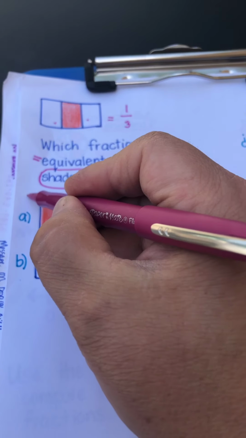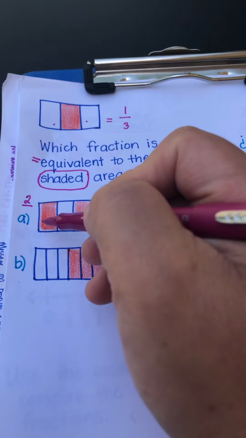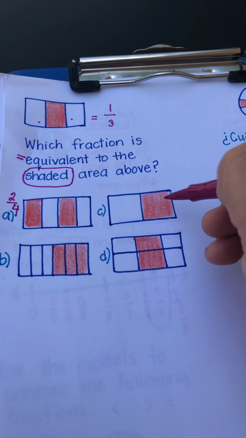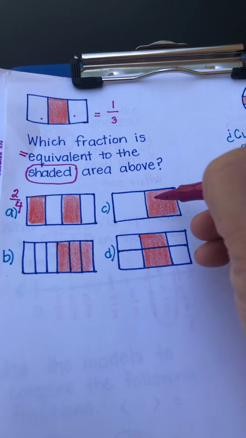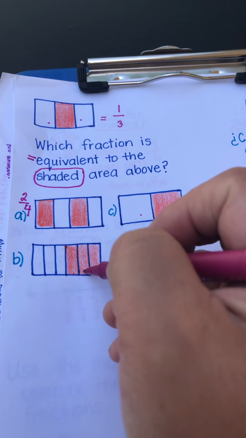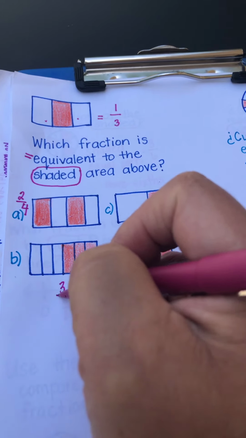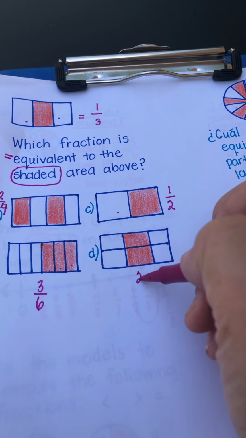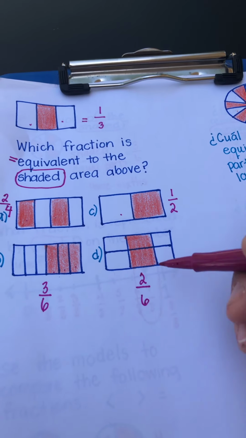This has 2 parts shaded, and it has 1, 2, 3, 4 parts. This has 1 part shaded over 2 parts. 1, 2, 3 parts shaded over 6. 2 parts shaded over 6.